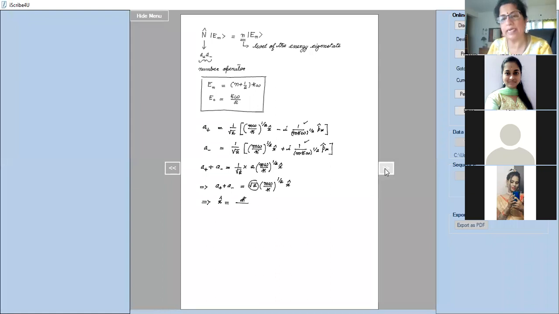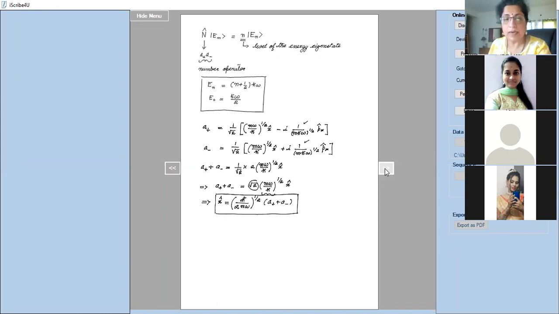I will take it inside this bracket. I will write it as (ħ/2mω)^(1/2) into (a plus plus a minus). So if you know how a plus and a minus works, you can definitely figure out what happens to x. Again, a very, very important formula to remember.